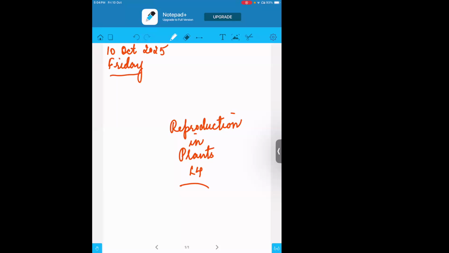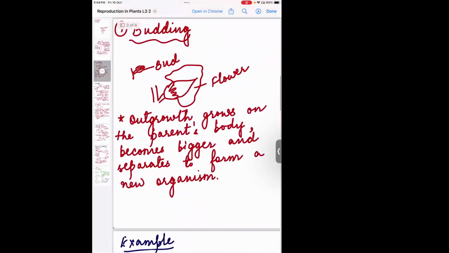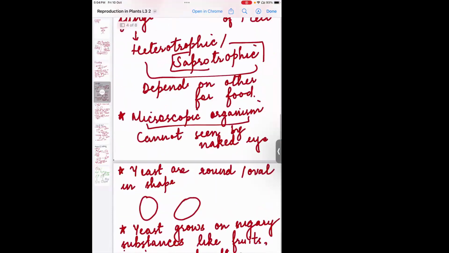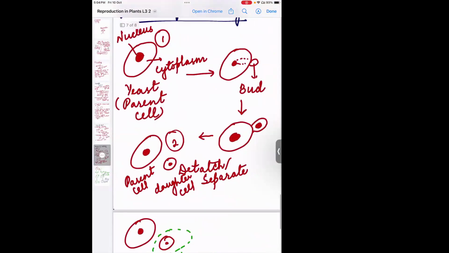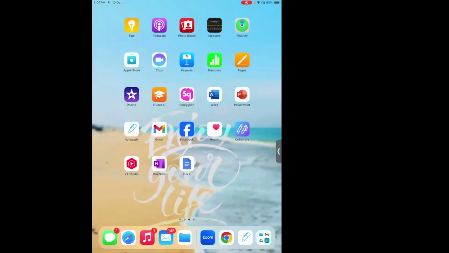Just let me see what all we have completed last time. Okay, so we started with the definition of budding, and then yeast, its characteristics and uses we have done. Now we should write the process of it.